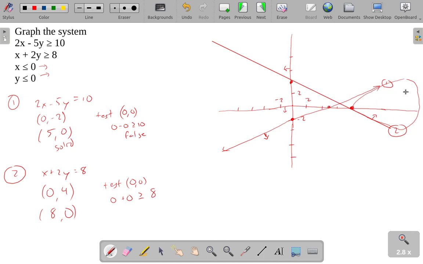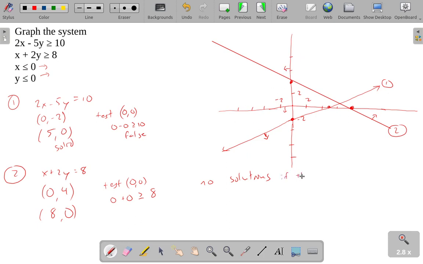You can see nothing in this region satisfies that inequality, so in this case we would say that there are no solutions. I believe, based on that, these were probably intended to be greater than or equal to 0 instead of less than or equal to 0. So, obviously if they're less than or equal to 0, we would say that there's no solutions.